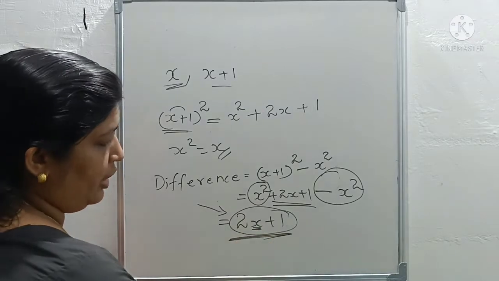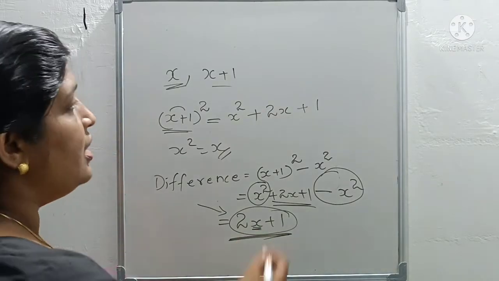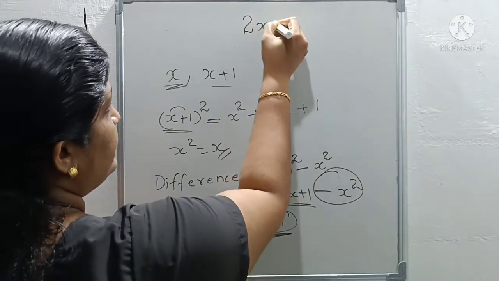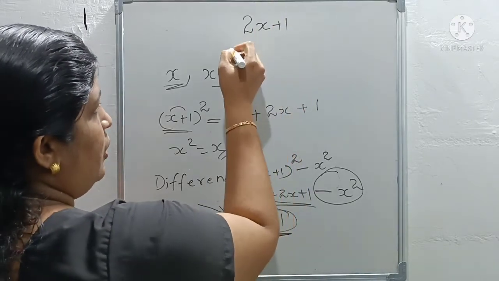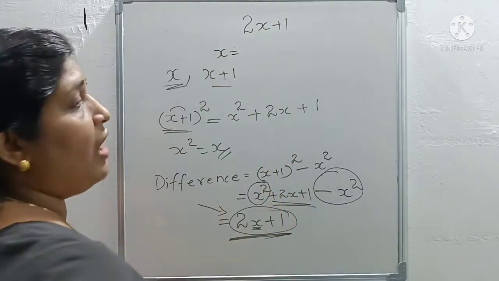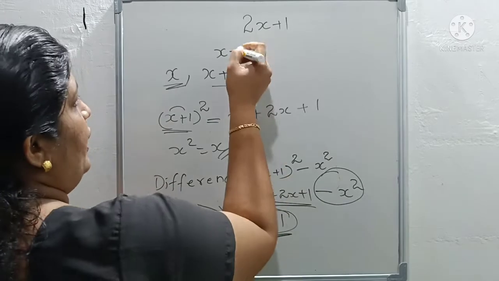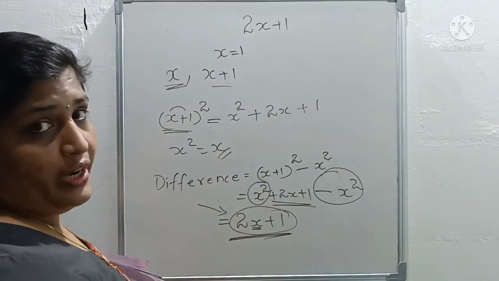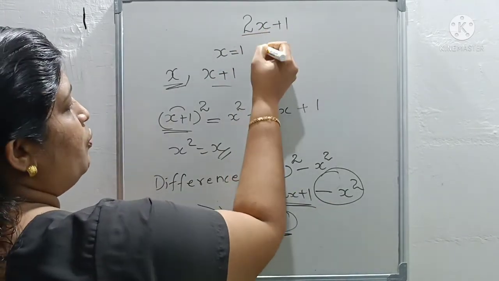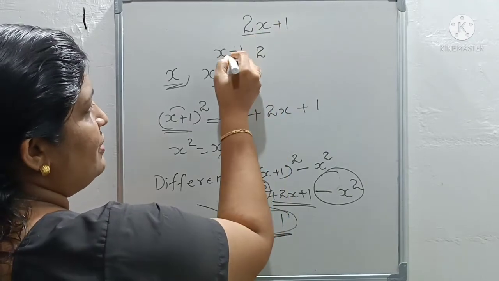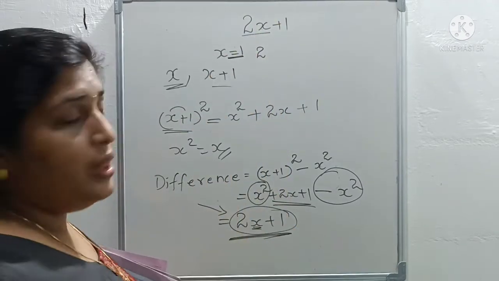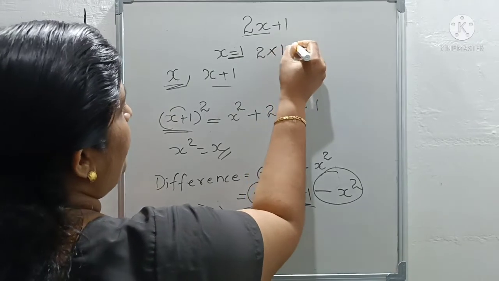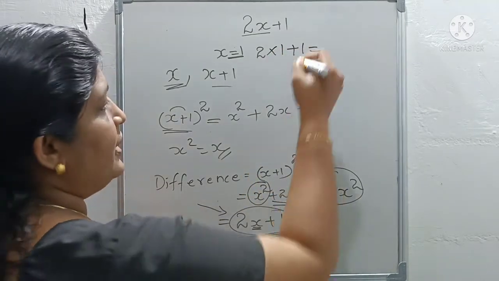If I give x is equal to 1, in the place of x we put 1, so 2 into 1 plus 1 is equal to 3.